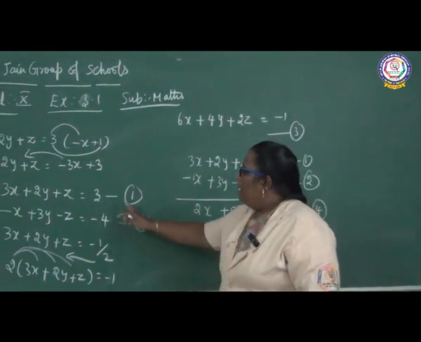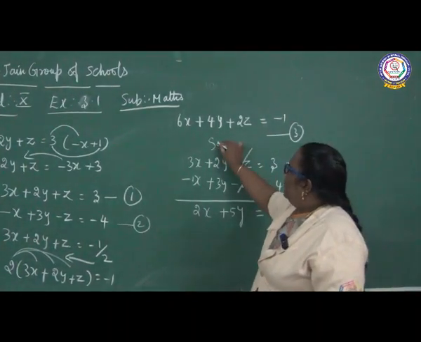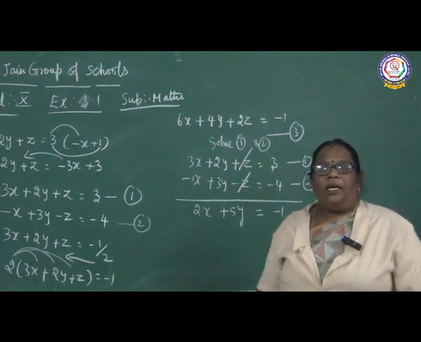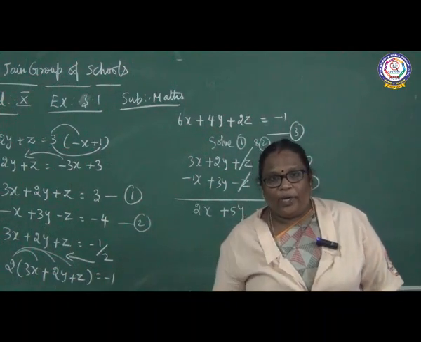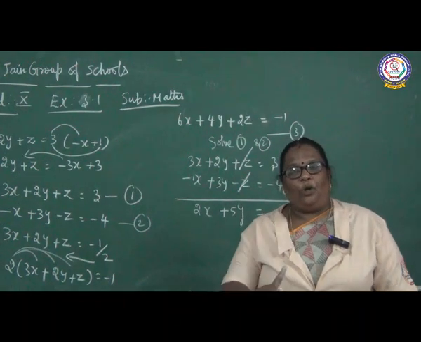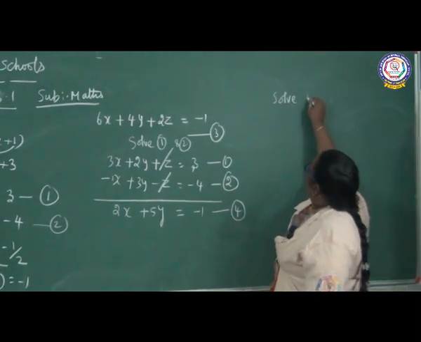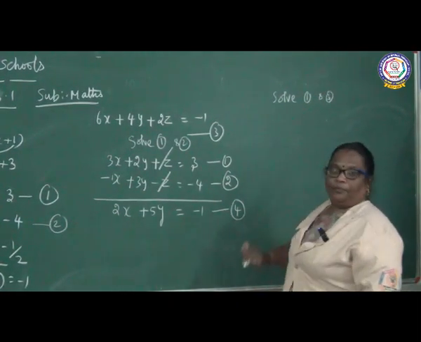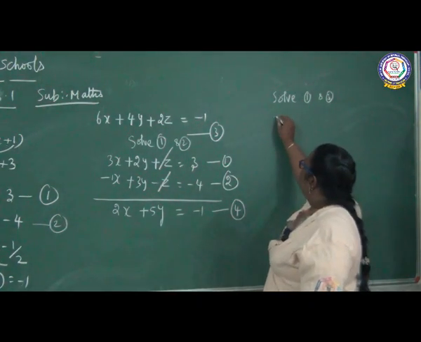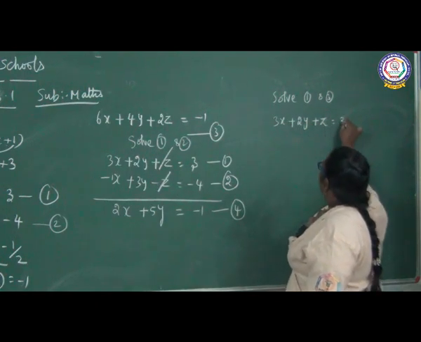Similarly, you can do 1 and 3. I solved 1 and 2 and cancelled the z term. Similarly, we take the first equation and the third equation to cancel the value of z. What is the first equation? 3x plus 2y plus z equal to 3.